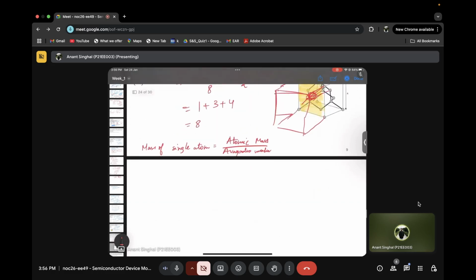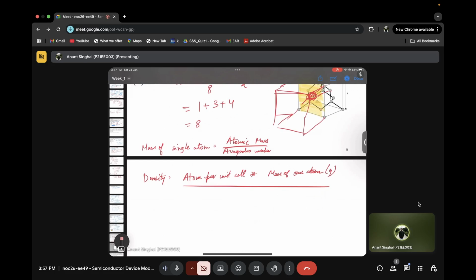Yeah. And then at the last, we'll calculate the density, which is nothing but atoms per unit cell that we have calculated, multiplied by the mass of one atom. So this should be in grams. This number is divided by, so what should be the denominator? What is the density?